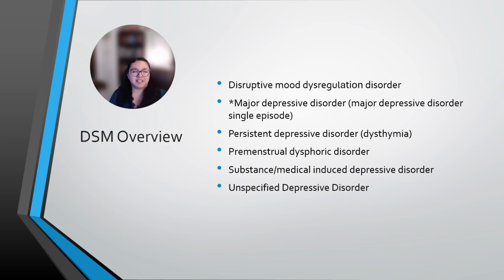We have disruptive mood dysregulation disorder, major depressive disorder, which is what we're going to be going over today more in detail, persistent depressive disorder, which is otherwise known as dysthymia, premenstrual dysphoric disorder, substance-induced depressive disorder, and then unspecified depressive disorder. Also in the DSM-5-TR is persistent grief disorder.